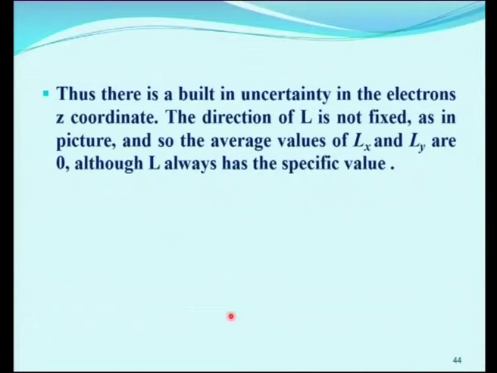Thus, there is a built-in uncertainty in the electron's z coordinate. The direction of L is not fixed as in the picture, and so the average values of Lx and Ly are 0, although L always has the specific value.